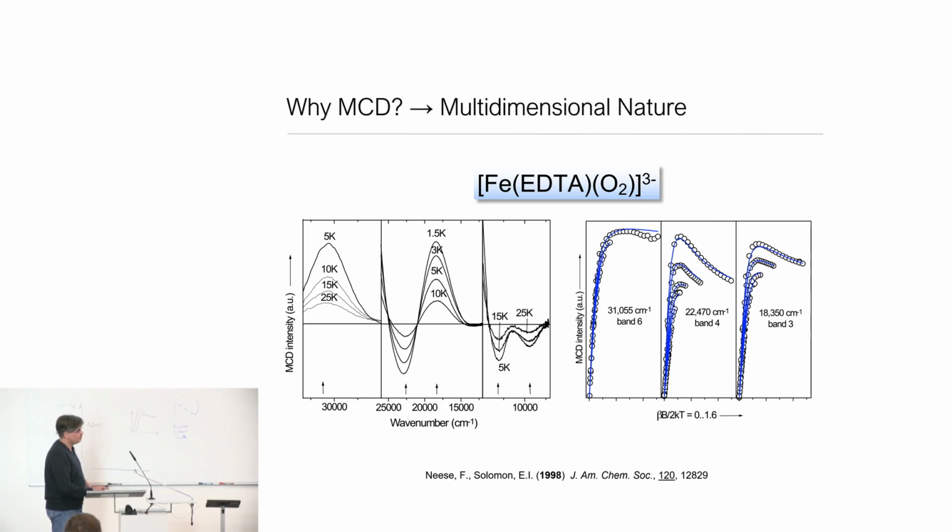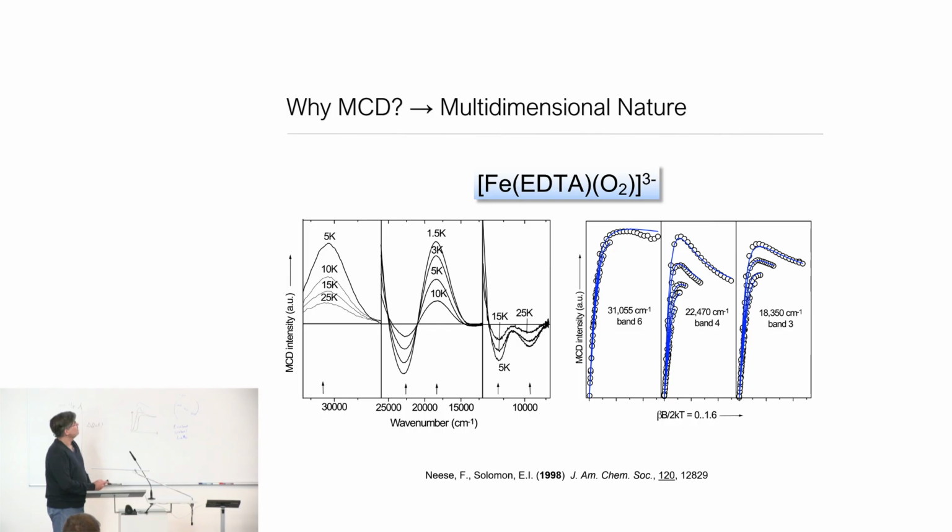That is called the variable temperature variable field, or VTVH MCD. And now, funny enough, you see that the magnetic response of the system is completely different whether you measure here at 22,000 wave numbers, or at 18,000 wave numbers here, right? So you get drastically different magnetization curves.